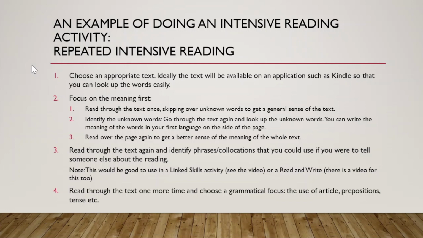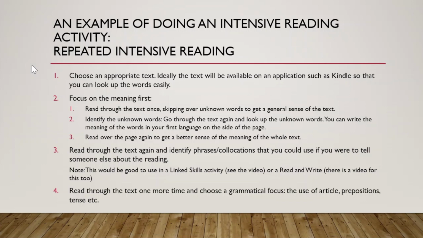If it's a paper version and you've got to use a dictionary, I recommend using an online dictionary that you can type really quickly rather than searching through a book. That would just take too much time. So step 2, read through the text one time.